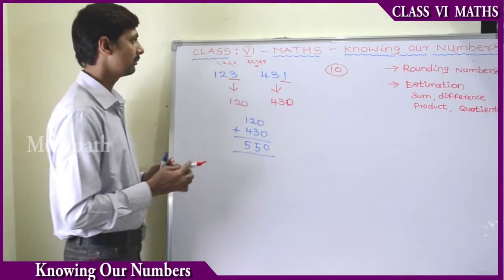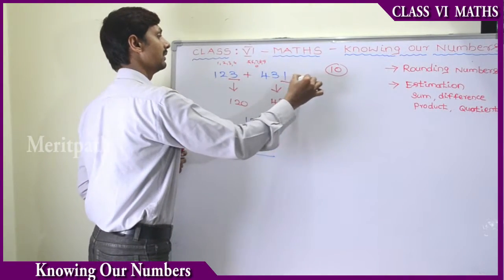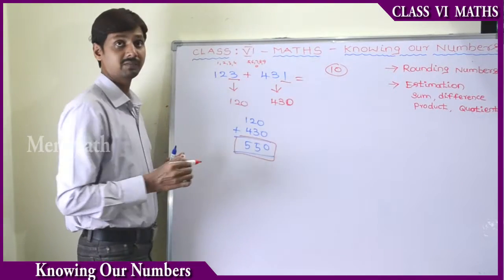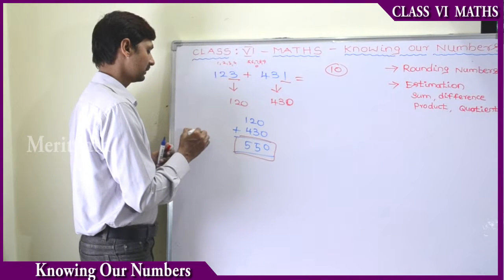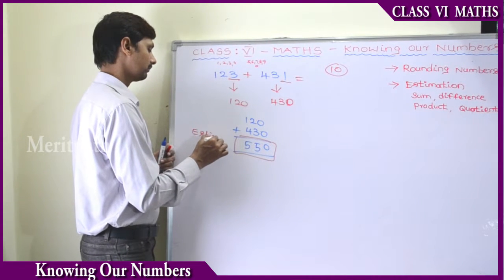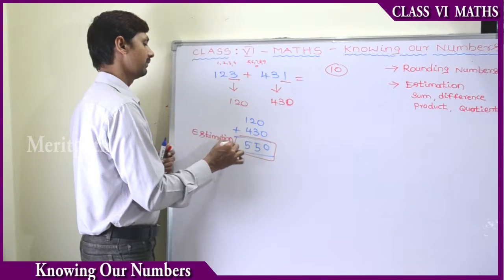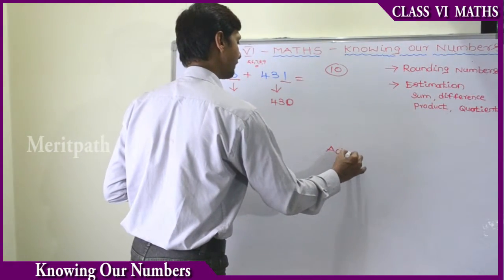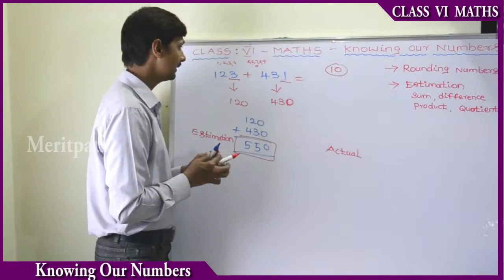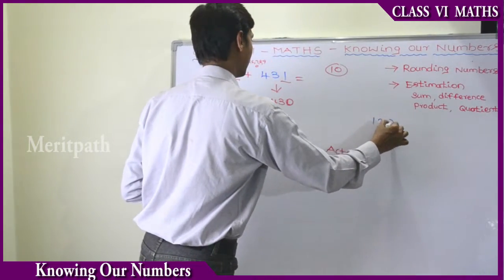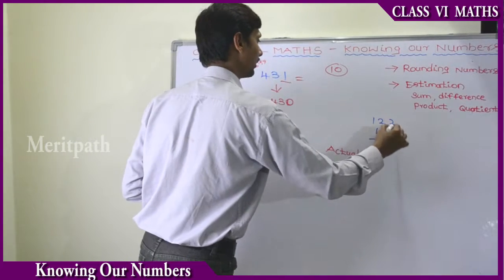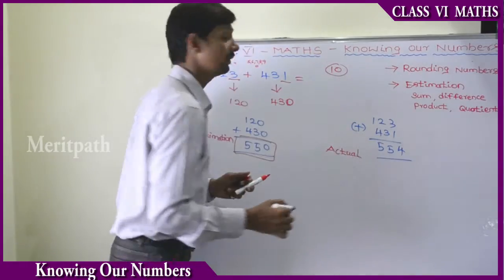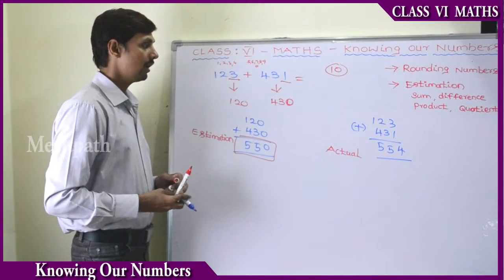So when we round these numbers and add them, 550 is the estimation. Then the actual addition: 123 and 431, when we add these two numbers we got 554.